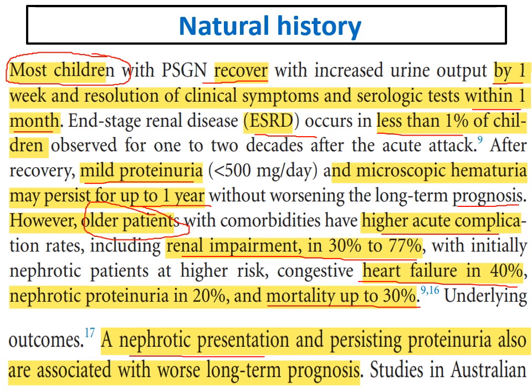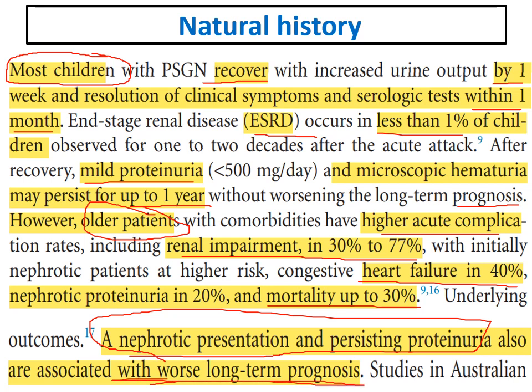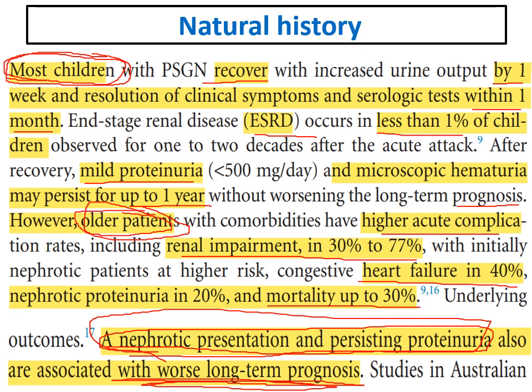Nephrotic presentations and persistent proteinuria in adults are associated with worse long-term prognosis. Don't forget that nephrotic presentation of post-streptococcal in adults is a poor prognostic feature. So children usually have a much milder disease, while adults have many more complications.